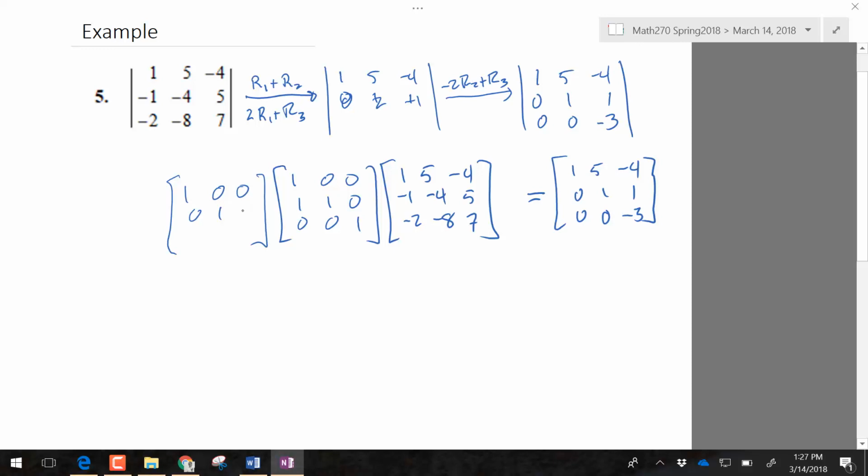So these matrices that I'm writing down are elementary row operations, right? And then I did this: I multiplied the second row by -2 and added it to the third row. These are all elementary row operations.